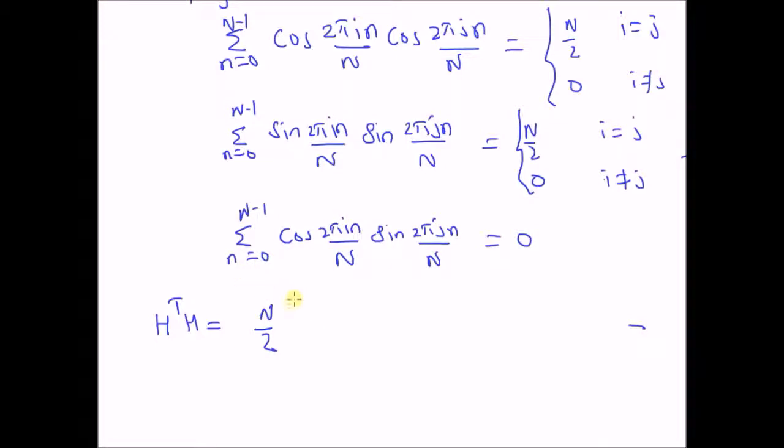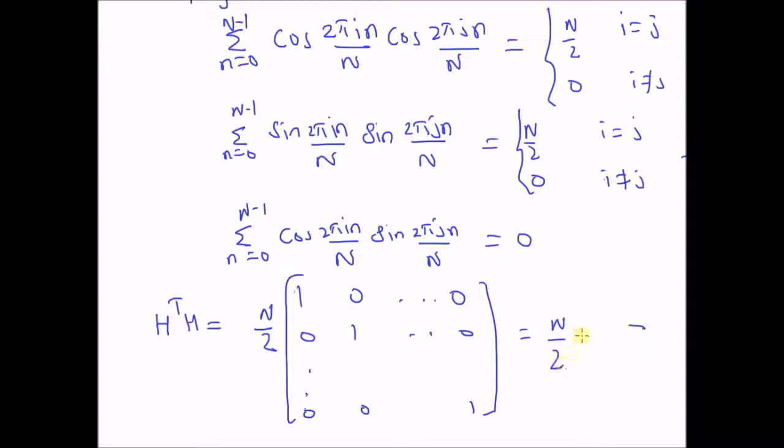N by 2 multiplied by 1, 0, 0, 0, 0, 1, and zeros up to the final row, which becomes 0, 0 up to the last element where it is 1. So this is clearly equal to N by 2 multiplied by the identity matrix I. Now the estimator of the parameter vector theta hat becomes H transpose H whole inverse H transpose x bar.